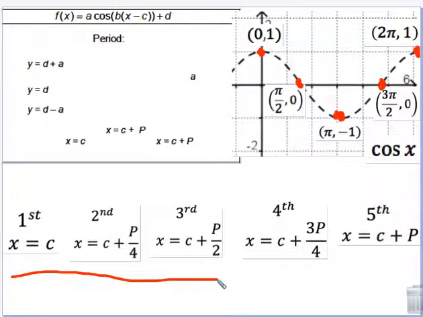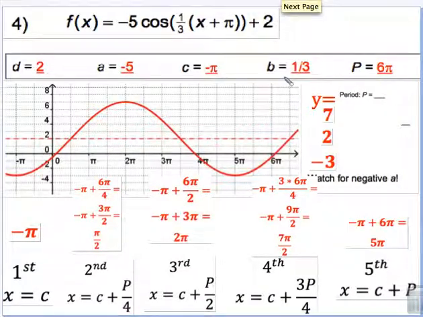If you notice, your formulas to find the 5 critical points are still the same for your x values. The only difference is instead of starting at the sinusoidal line, now we're going to start with the maximum point, then go to sinusoidal, and then the minimum point. All right, so let's look at number 4.